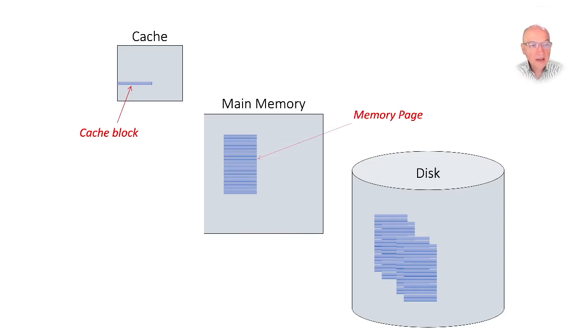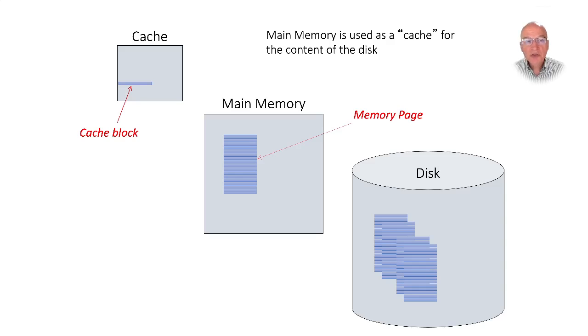But you can see the analogy between the relationship between cache and main memory, and between main memory and the disk. So the idea is that the main memory is used as a cache for the content of the disk. And this caching system is what we call virtual memory.